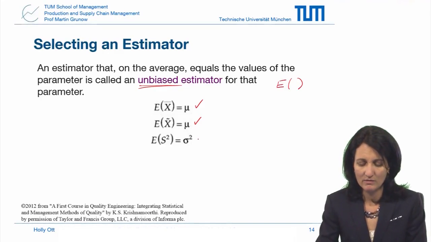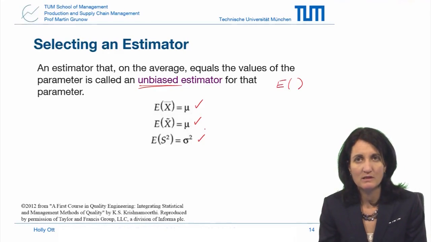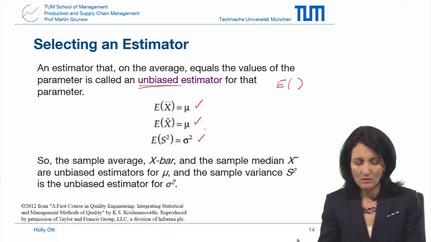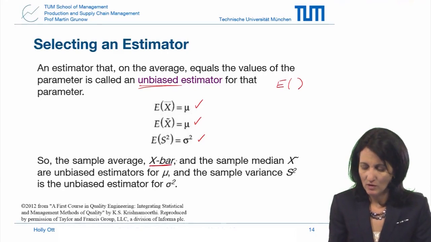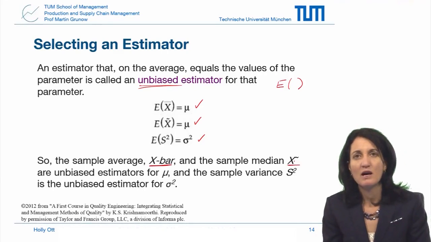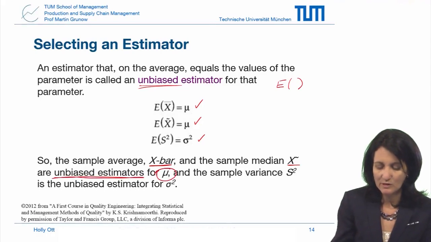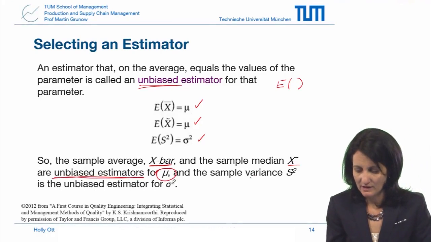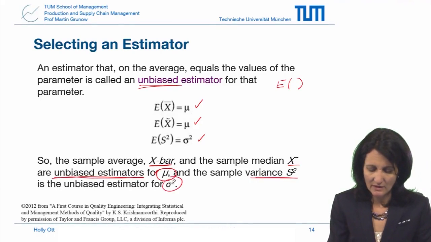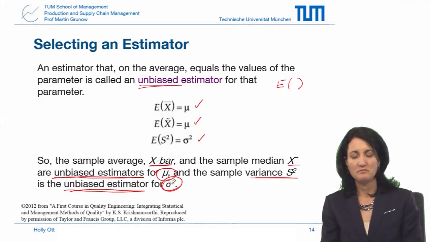And the expected value of s squared is the variance of our normal population. So what this means is that x bar, or the sample median, are unbiased estimators for our population parameter mu, and s squared is the unbiased estimator for the variance.